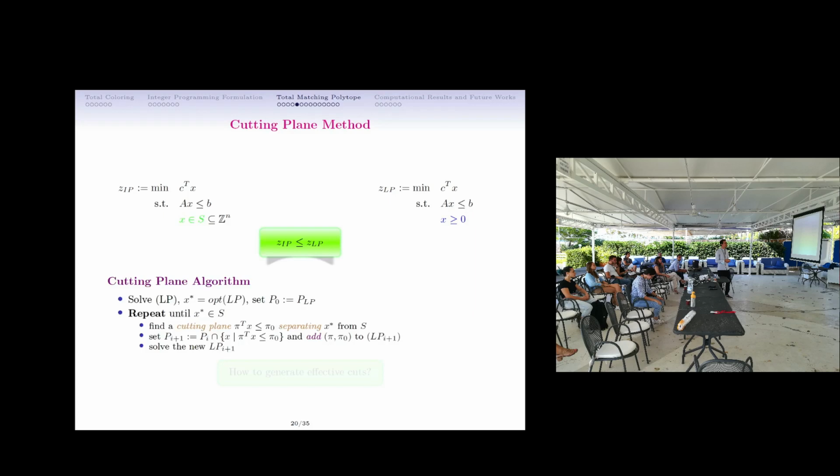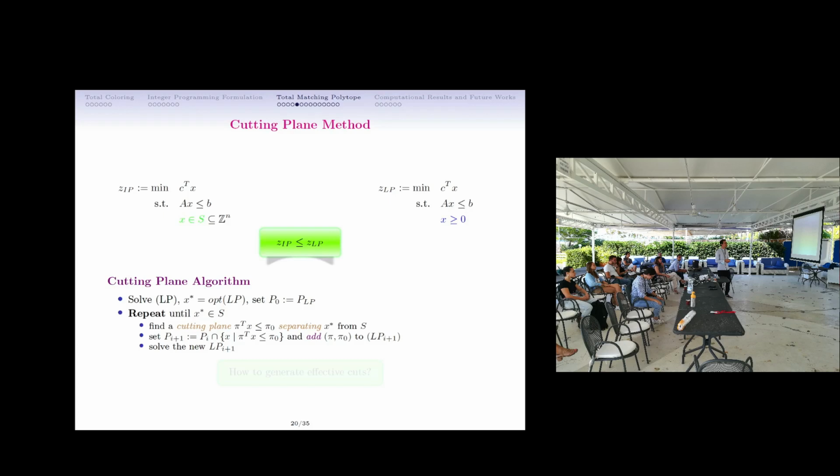First, we solve the linear problem for that model. We get the optimal value, which we can call this value here. We set the first polytope, that is the relaxed polytope of the first step.